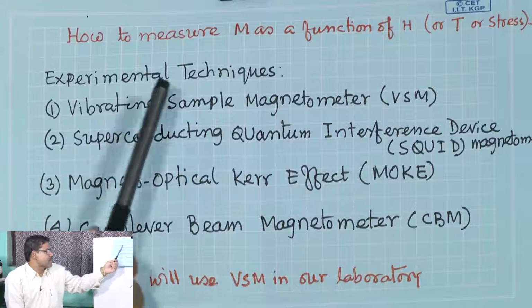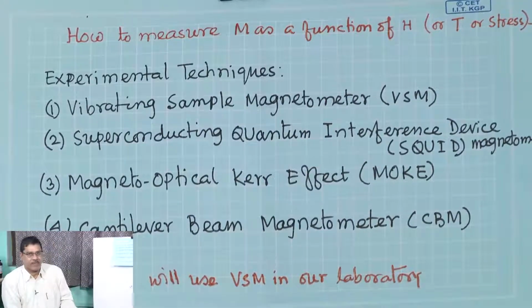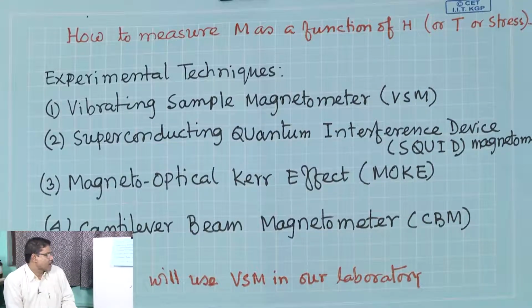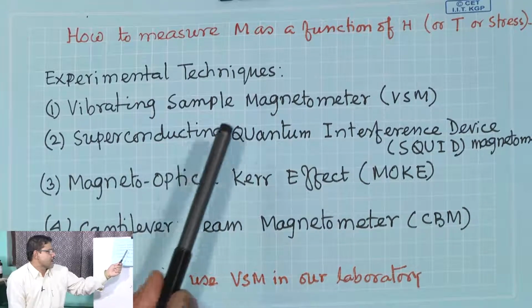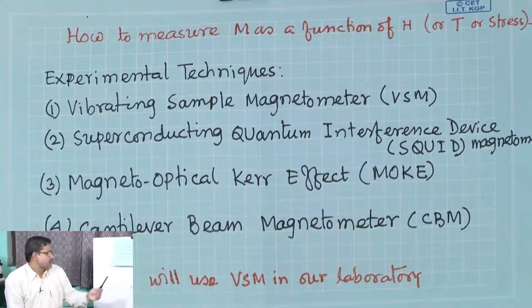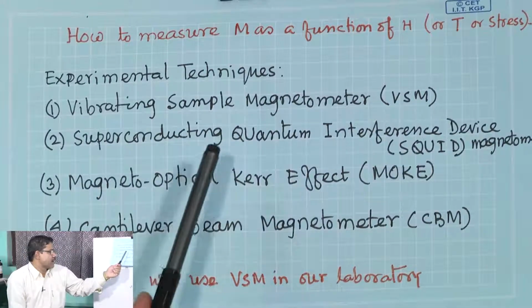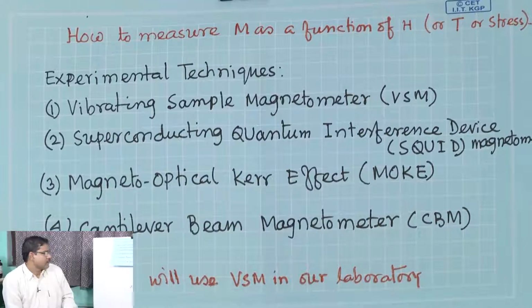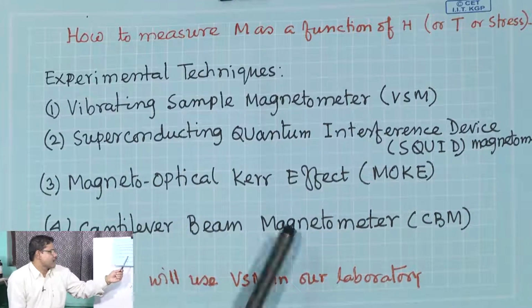One is the vibrating sample magnetometer, VSM. Then the superconducting quantum interference device, SQUID magnetometer, then magneto-optical Kerr effect, MOKE, then the cantilever beam magnetometer, CBM.